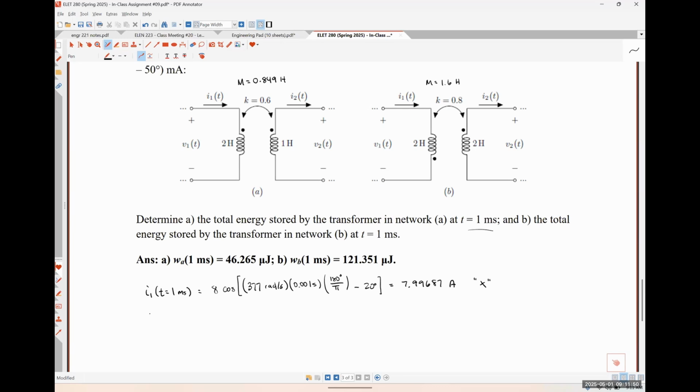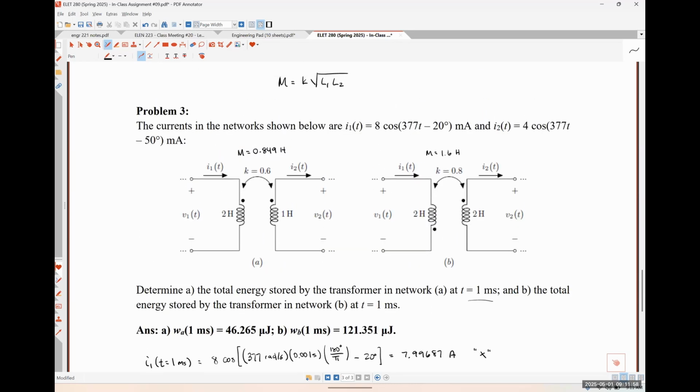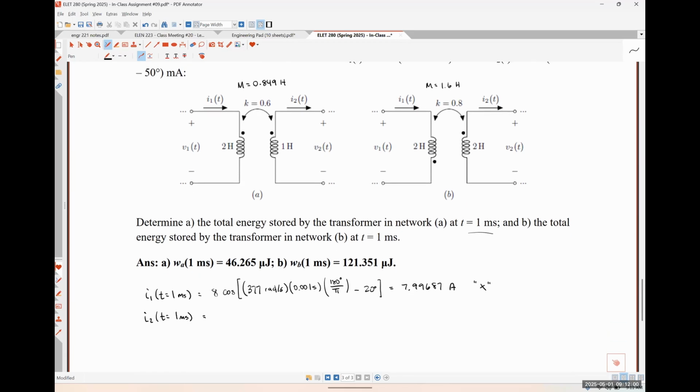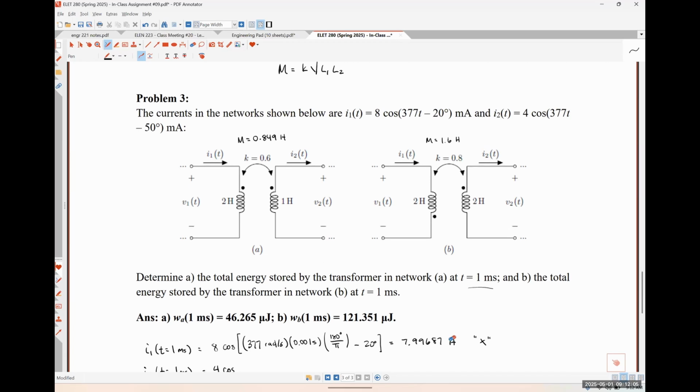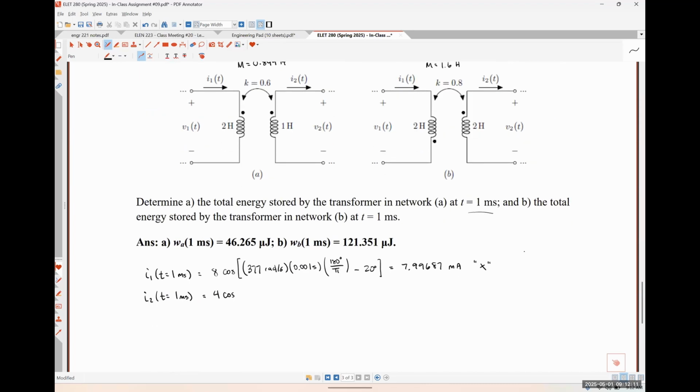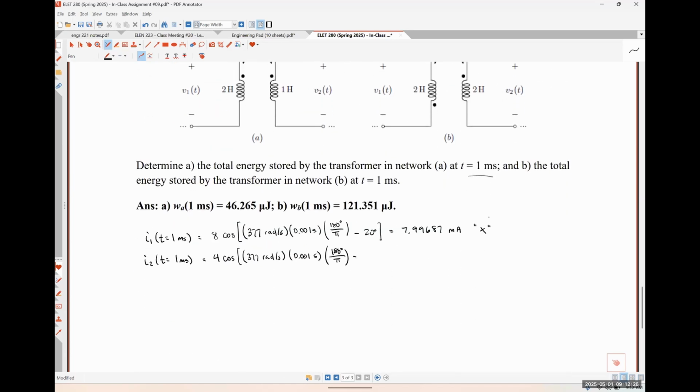Pretty similarly, I can figure out what I2 is doing at t equals 1 millisecond in a similar fashion, right? So I've got 4 cosine, actually, that should be in milliamps. Okay, so 4 cosine of 377 radians per second times 0.001 seconds, times 180 degrees over pi, minus 50 degrees.